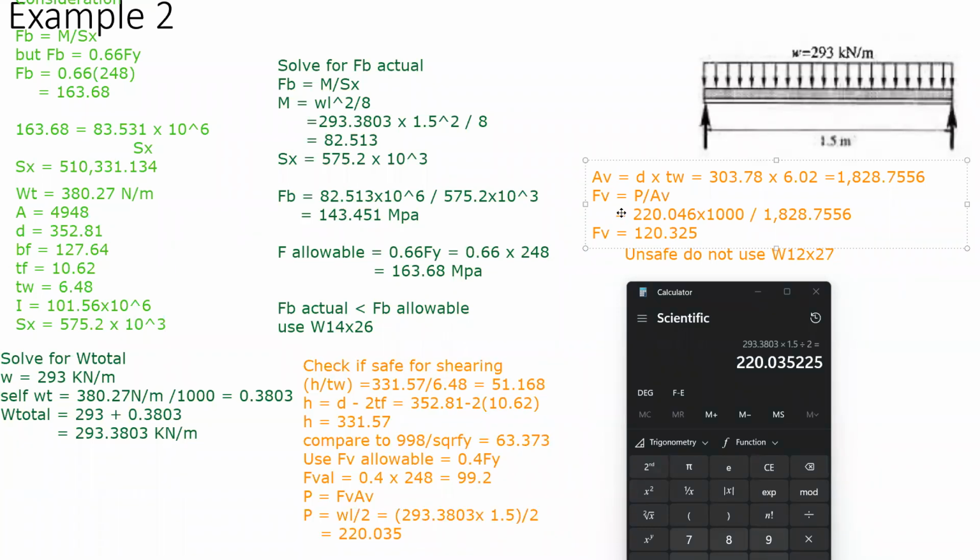Okay, so let us check for AV. That is D times TW. D is 352.81. TW natin is 6.48. So magbabago to.